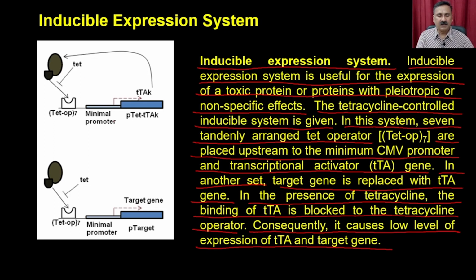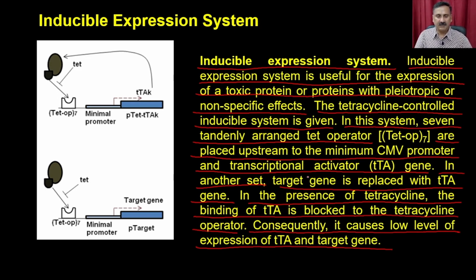So this is the schematic diagram explaining how the TET inducible promoter is working. You have the TET operators, which are tandemly related TET operators, placed upstream to the minimum CMV promoter, and then you have the transcriptional activator gene.